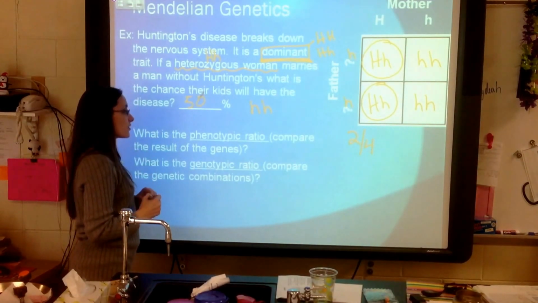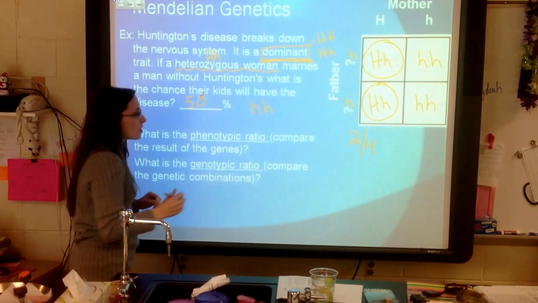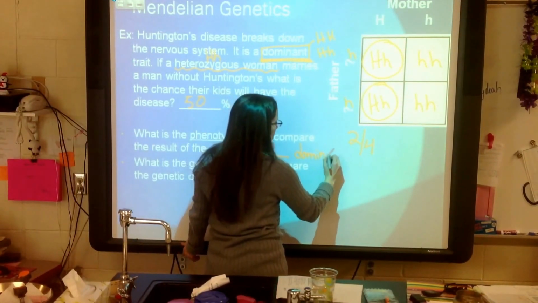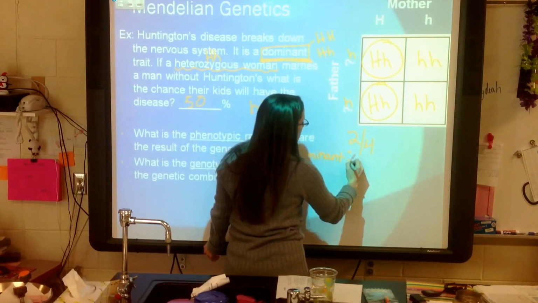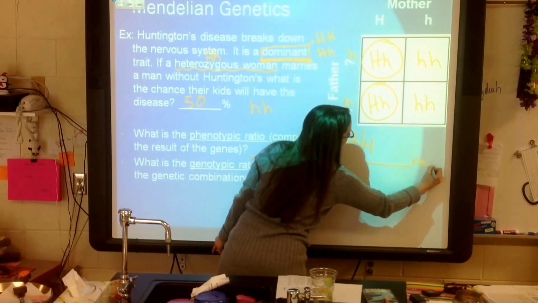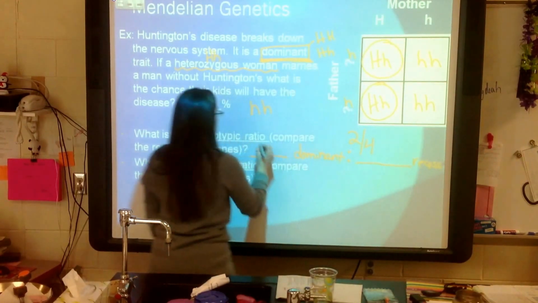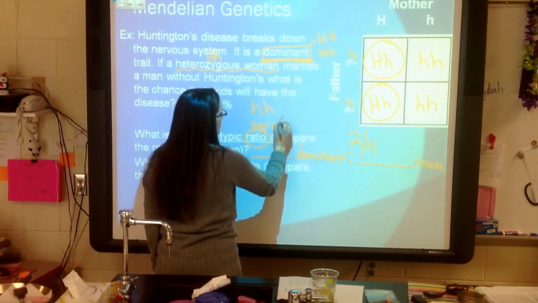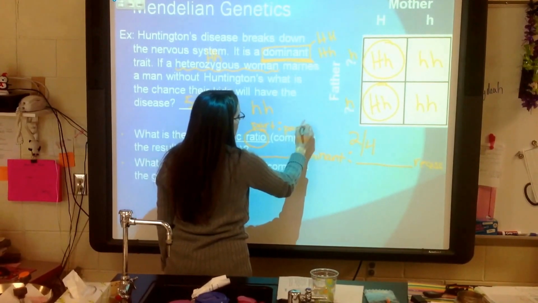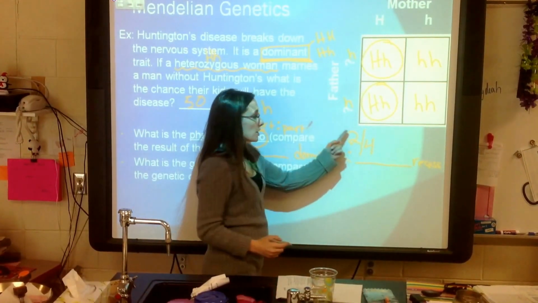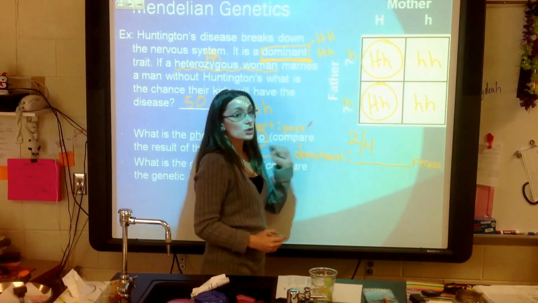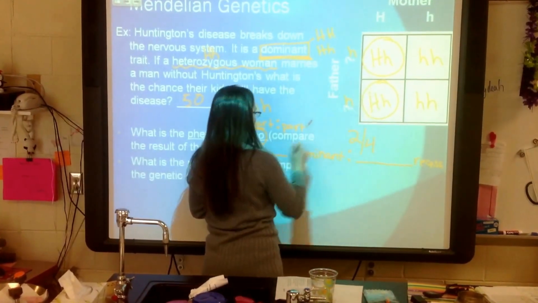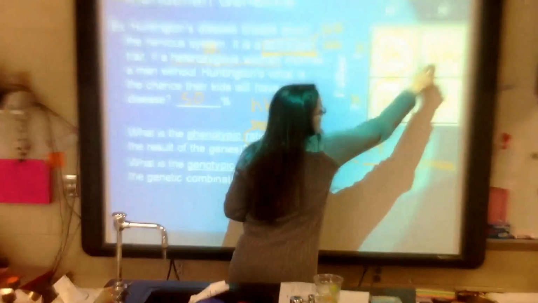Next it asks for the phenotype ratio. So we're going to write that as how many dominant compared to how many recessive. Now we have to be careful. Ratio means comparing part to part, versus a fraction compares part to whole. So a ratio compares the number that are dominant to the number that are recessive.